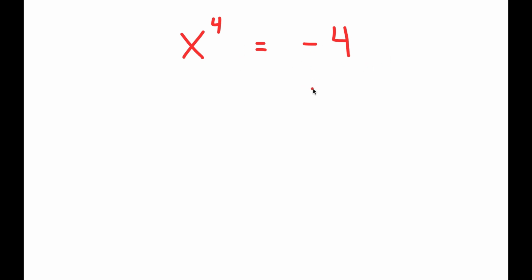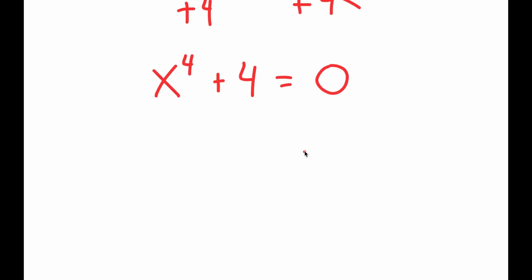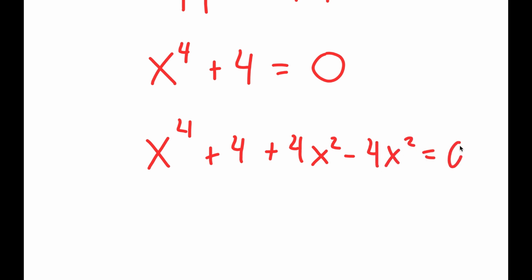To solve this, I'm going to first start by adding 4 on both sides. These two cancel out, and I get x to the power of 4 plus 4 is equal to 0. Now from here, I'm going to rewrite this as x to the power of 4 plus 4x squared minus 4x squared is equal to 0.